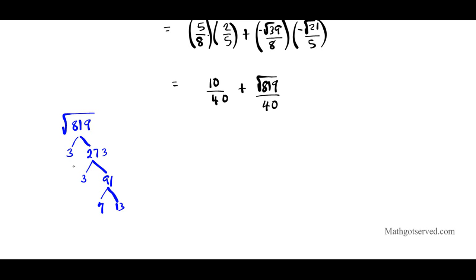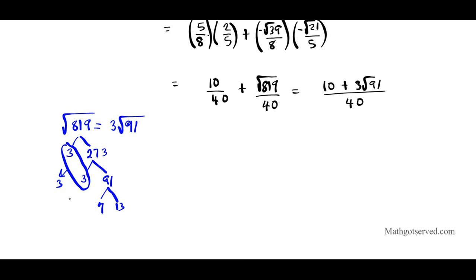So you see that these two 3s repeat, so they break out as a 3, since the square root of 3 times 3 is just 3. So root 819 is basically 3 root 91, because that's what's left here. 91 is 7 times 13. So we can write our final answer as 10 plus 3 root 91, the whole thing divided by 40. And there goes your final answer.